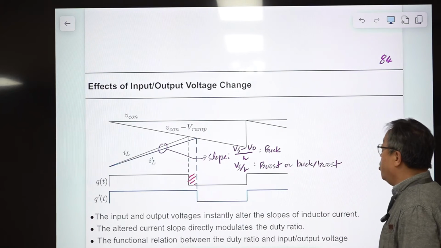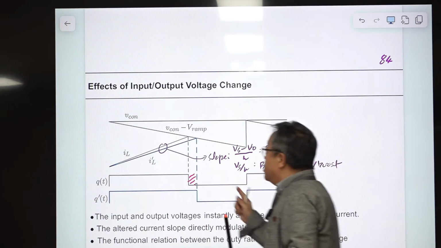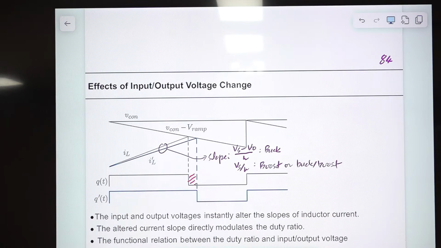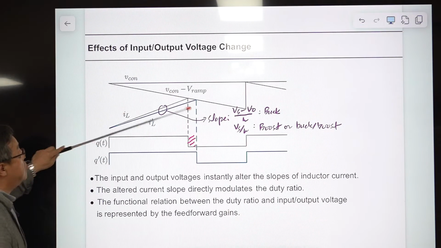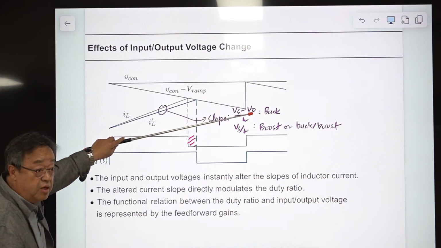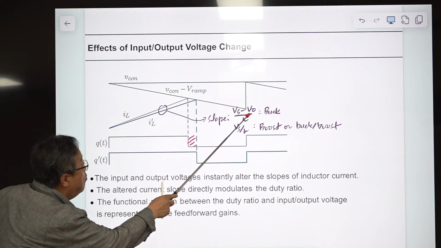So we need to have some additional functional block. This is coming from the input voltage and output voltage altogether. For the buck converter case, the on-time slope is this one. So this impact can come from this or from this.